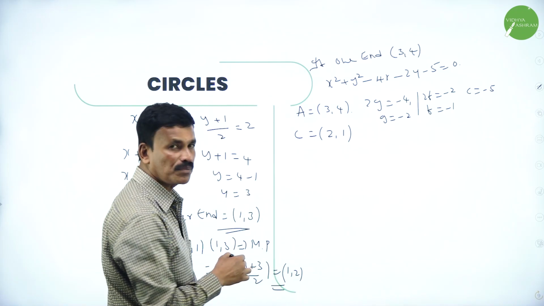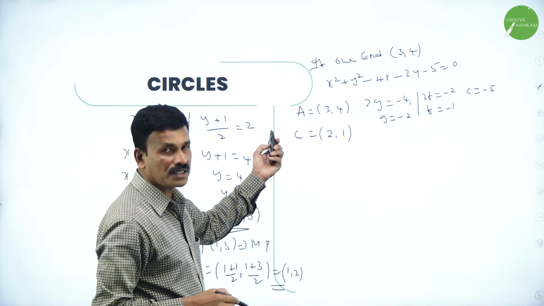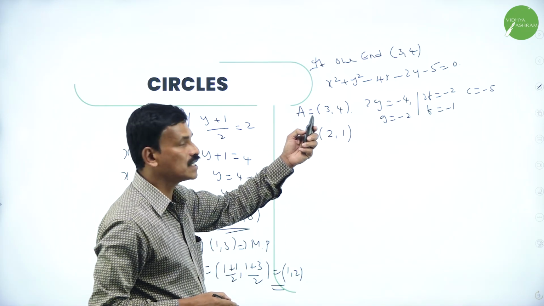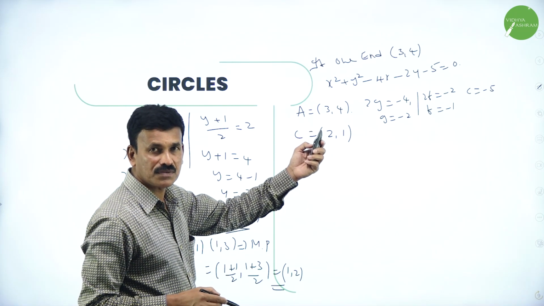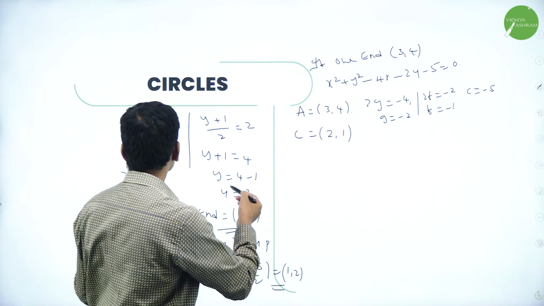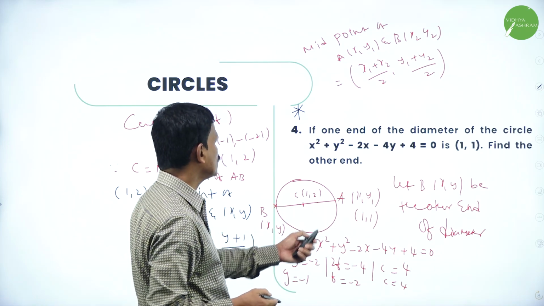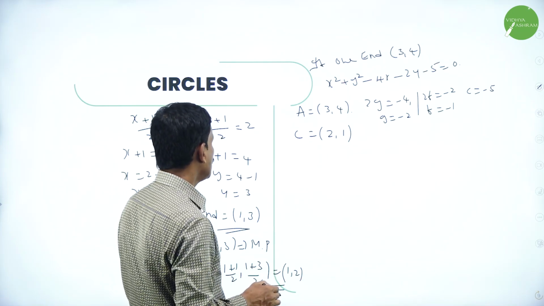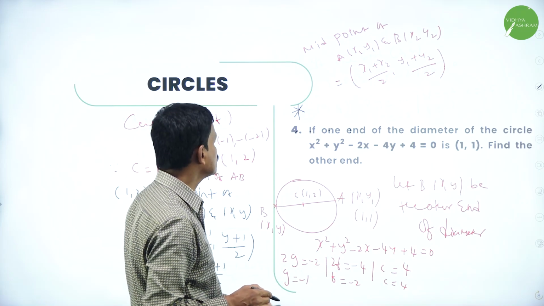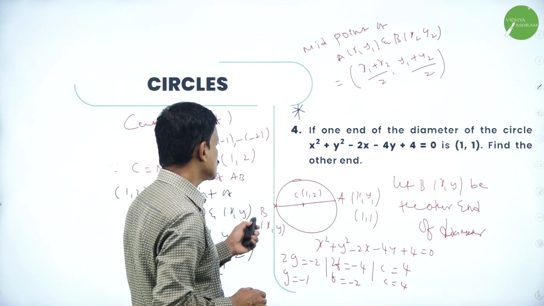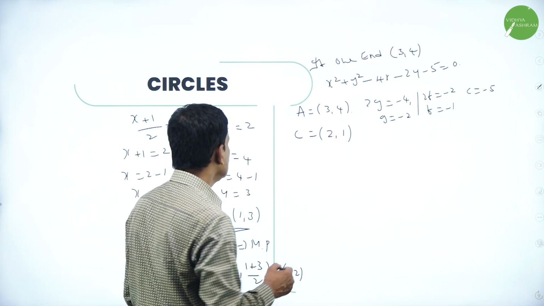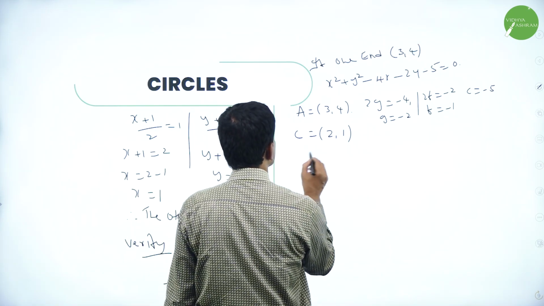Now same as the previous problem. If one end of the diameter is (3, 4) for the circle x square plus y square minus 4x minus 2y minus 5 is equal to 0, find the other end. Here one end of the diameter is given, that is (3, 4), and the center of the circle is (2, 1). So this is known. The other end is (x, y).